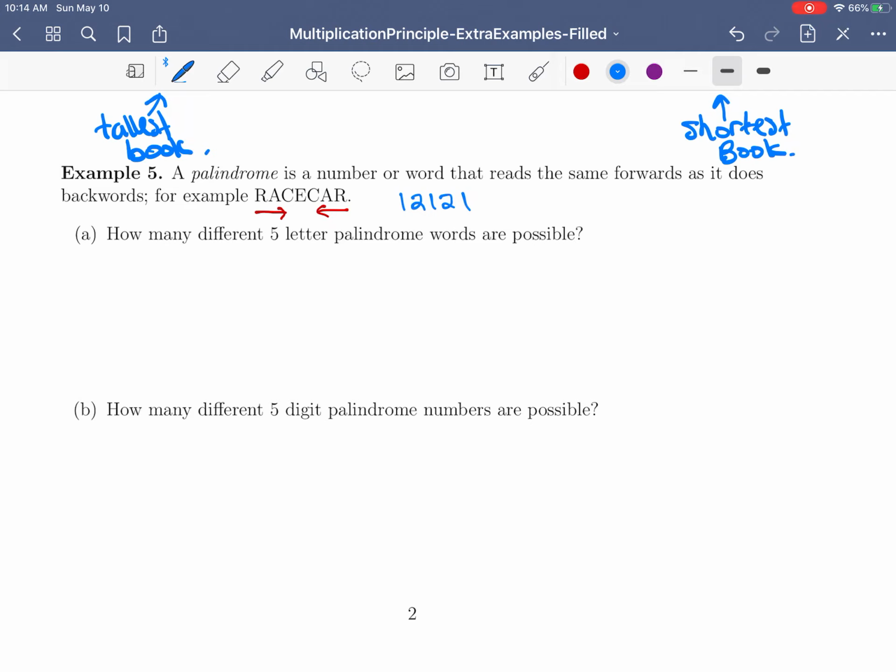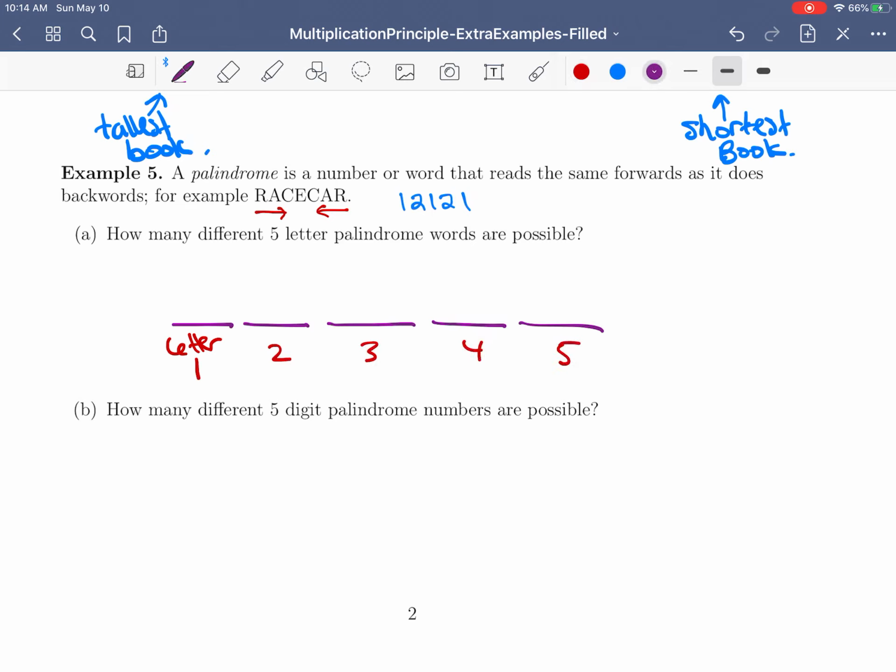So hopefully we have a handle on that. Now the question wants to know how many different 5-letter palindrome words are possible. So we're going to have 5 letters: letter 1, 2, 3, 4, and 5.